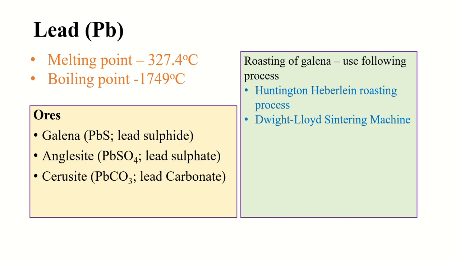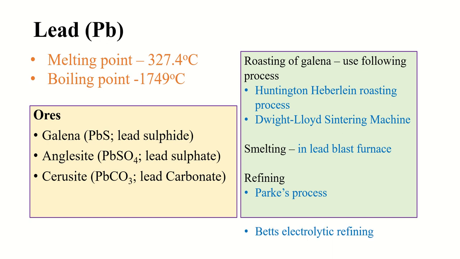Dwight-Lloyd sintering machine, an industrial sintering machine, is used for the roasting of the galena. Smelting is carried out in the blast furnace, and refining of lead is performed by using the Parkes process and wet electrolytic refining process.